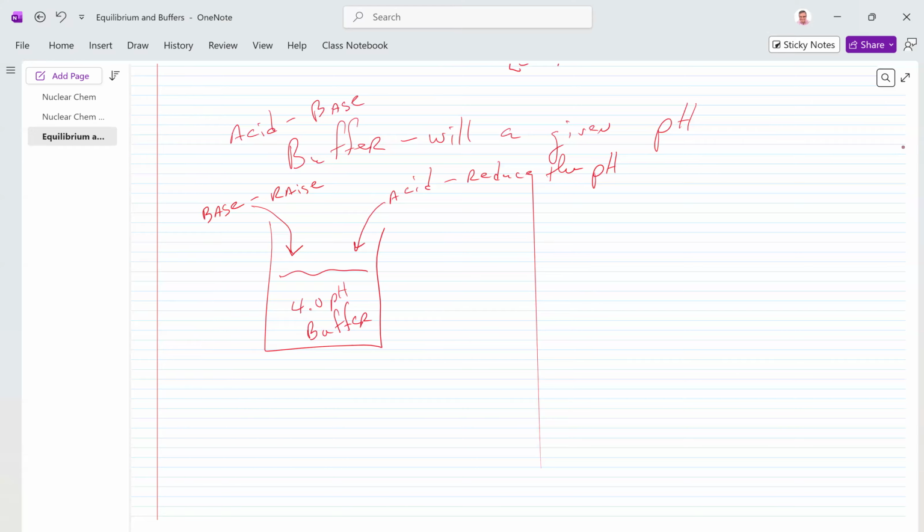Let me give you a common buffer situation. Let's look at baking soda. Baking soda is used in our bodies to maintain blood pH.